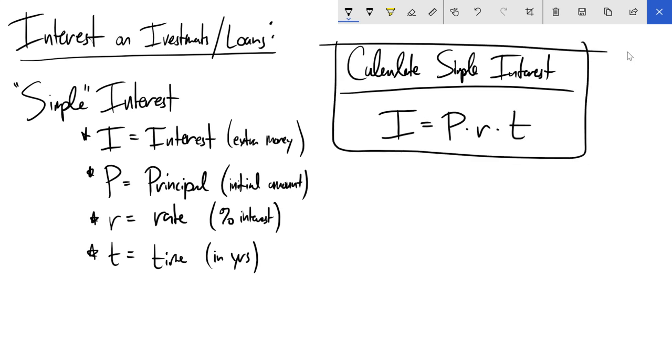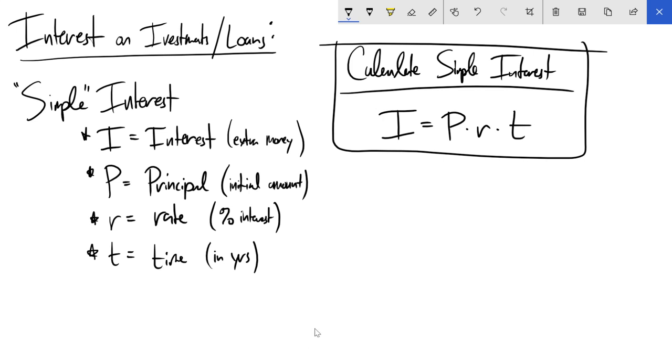So that's the formula for simple interest. We're not going to get into any more complicated types of interest in this class, though you probably will if you take your next class. Principal times rate times time will tell you how much you're going to owe in extra costs on top of the loan.